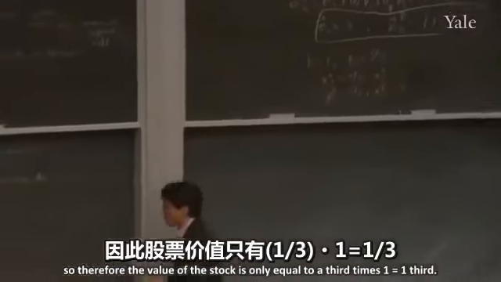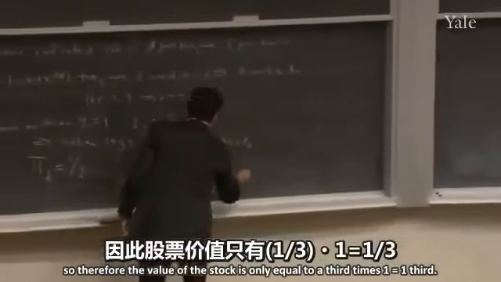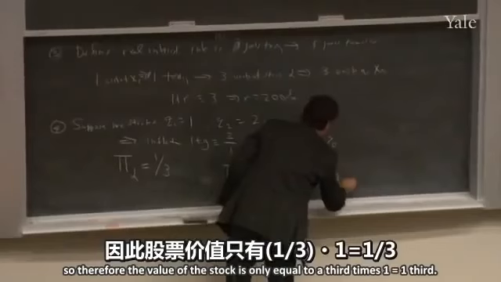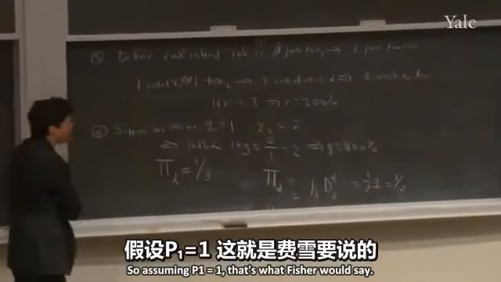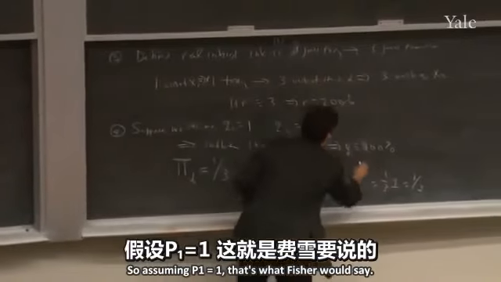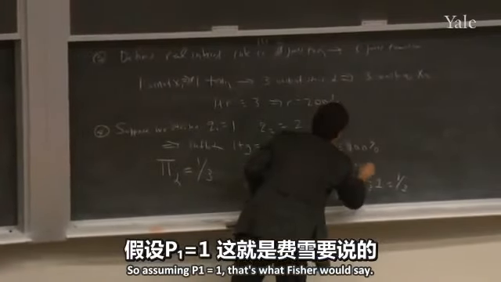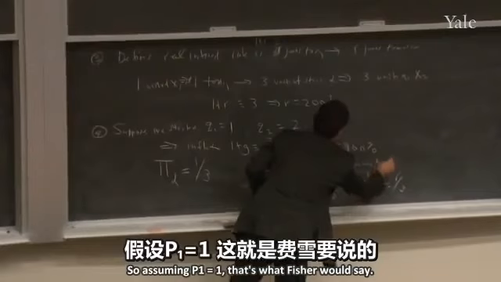So therefore, the value of the stock is only equal to a third times 1 equals 1/3. So assuming P1 equals 1.